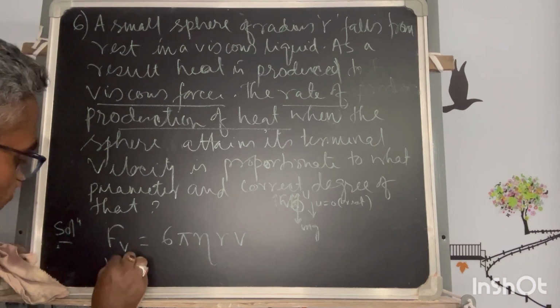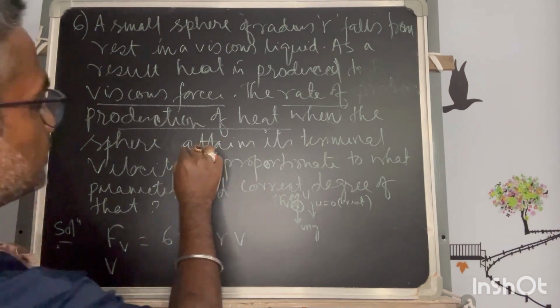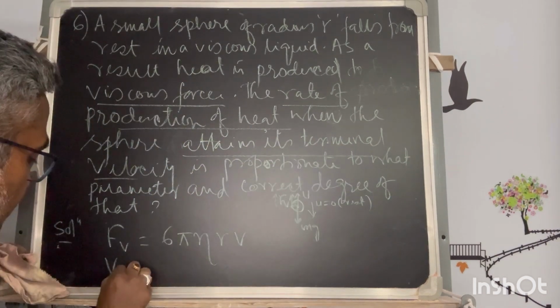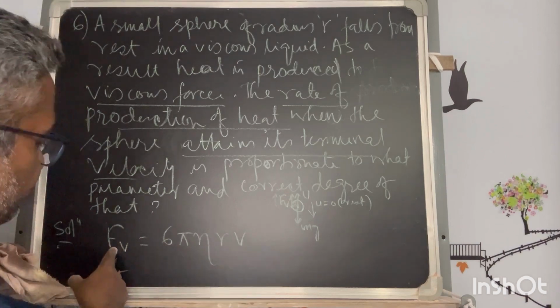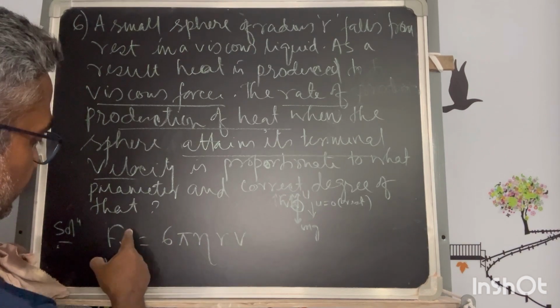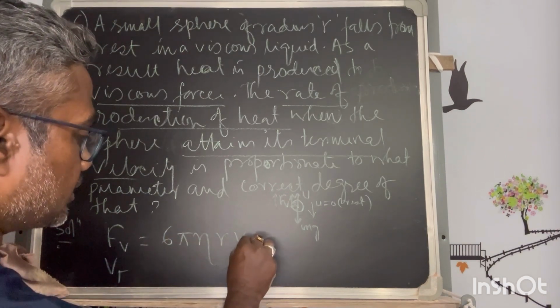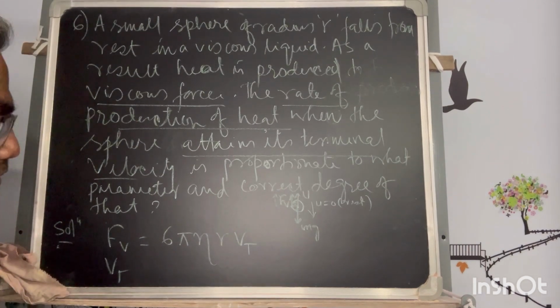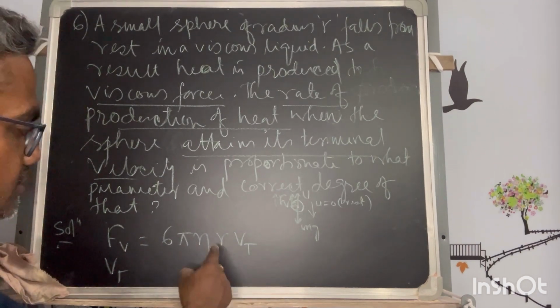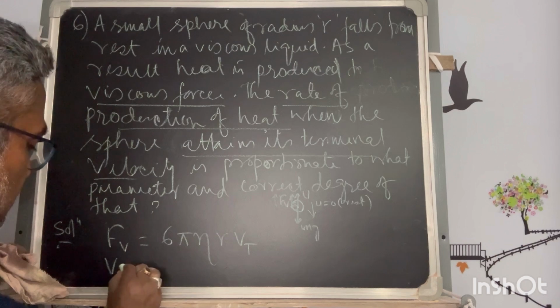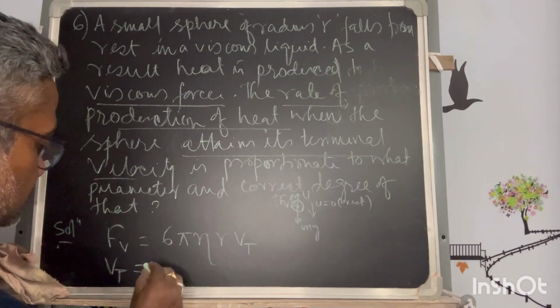Now again v is attaining the terminal velocity. Fv is applicable for any velocity, but it will act for terminal velocity also. So this will be the terminal velocity. The other things will be the same because they are not changing. And Vt depends on what?